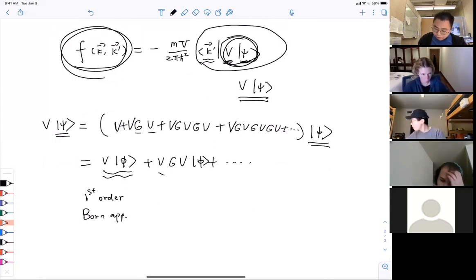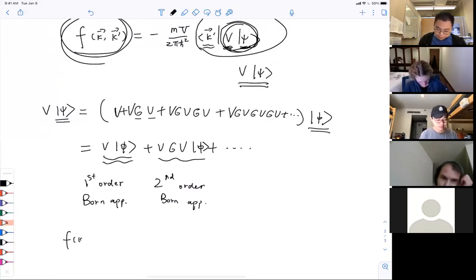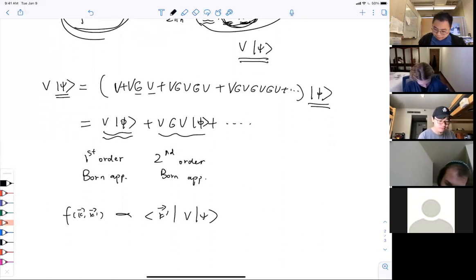If we were to keep the second order, it's the second order Born approximation. So we can calculate this f function from this expression, which is ⟨k'|V|φ⟩.